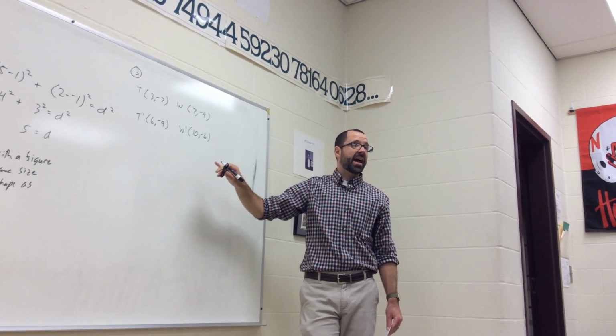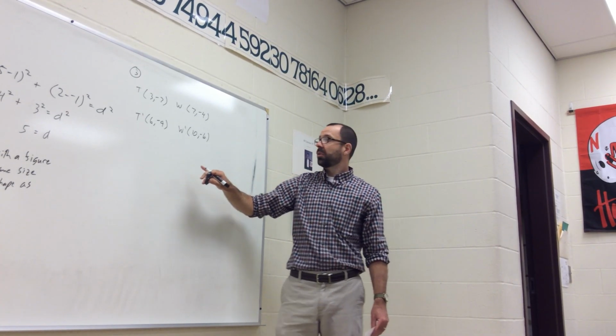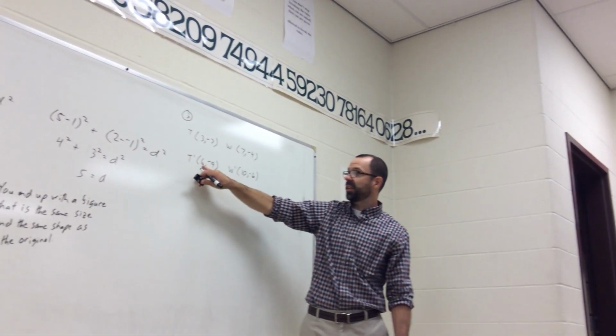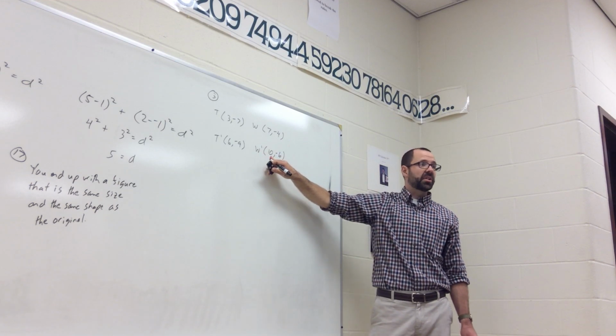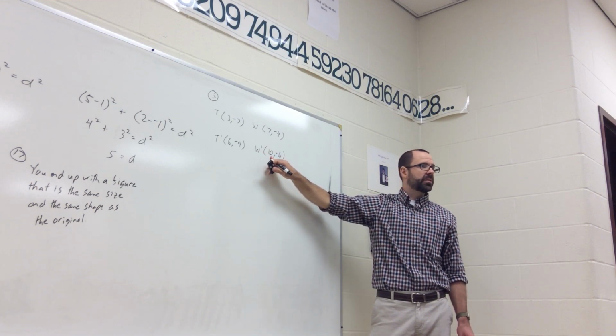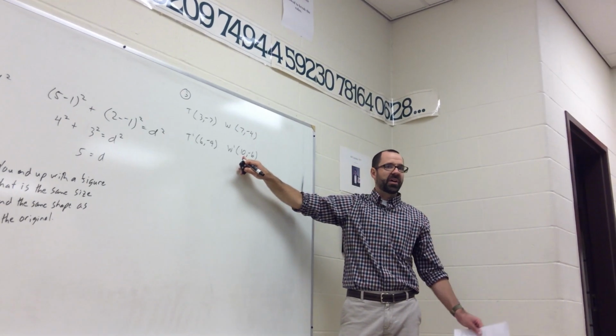Okay, so let's look at the x's first. The x's went from 3 to 6 for the T, and they went from 7 to 10 for the W. So what's happening to the x's? Yeah, they're getting added by 3. Good.